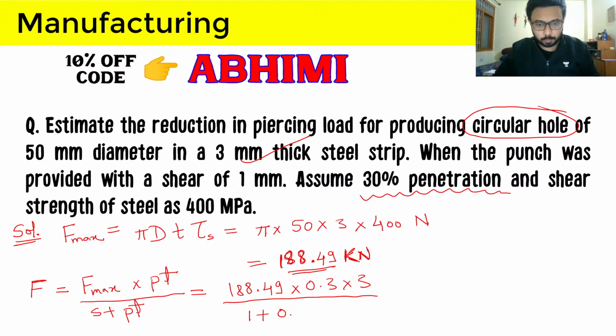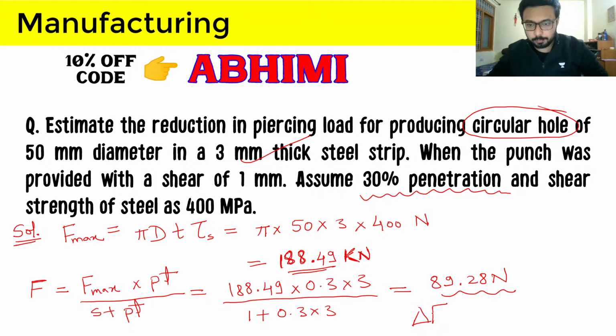So 1 plus 0.3 into 3. So what we will have here is 0.3 into 3 divided by 1 plus 0.3 into 3. So it is coming out as 89.28 newtons.